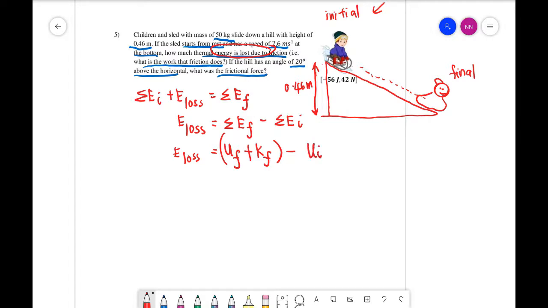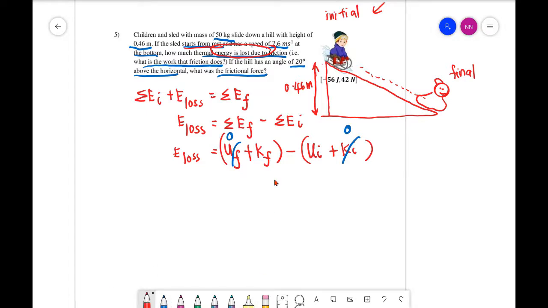And the question says the sled starts from rest, so the initial kinetic energy is 0 because it is not moving. So we can cancel initial kinetic energy, and at final we can cancel potential energy because it is at ground level.